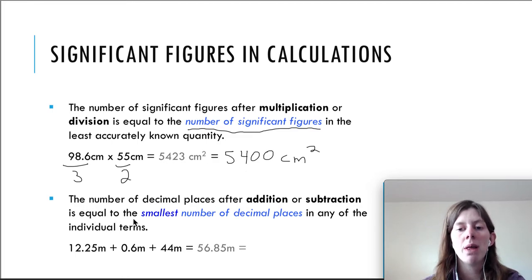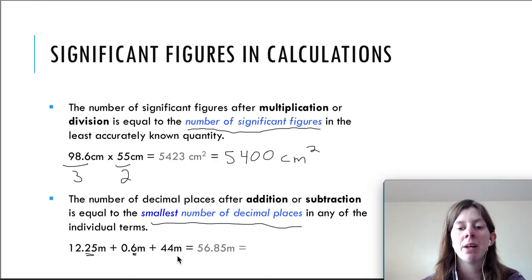And then the rule with addition and subtraction is that you actually look at the number of decimal places. The number that has the least number of decimal places, that's how many decimal places you want to keep in your answer. So this 12.25 has 2 decimal places, 0.6 has 1 decimal place, 44 has no decimal places.